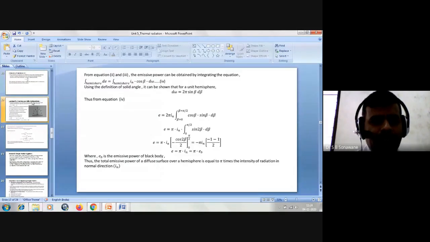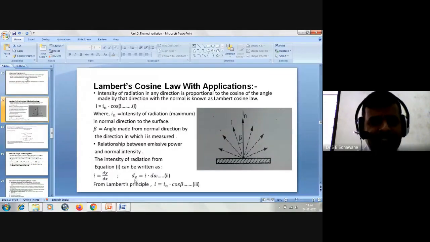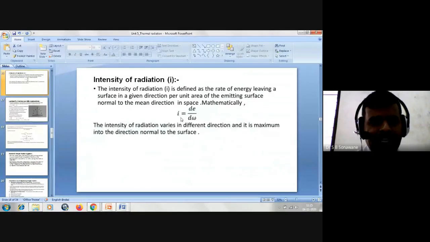Our relationship was obtained from the equation I is equal to dE upon d omega, so dE is equal to I into d omega.